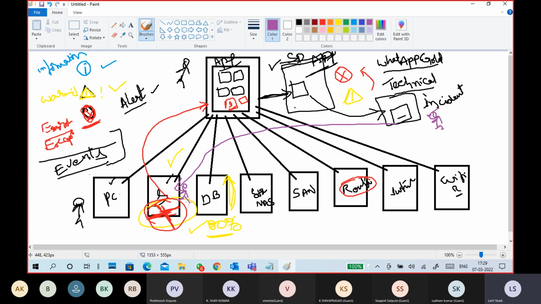He will verify what happened and inform his senior or team leader: sir, this is the issue. The team leader says okay, you can fix it, and he fixes the issue and verifies whether it is working or not. Once he makes sure it is working, then he will inform.